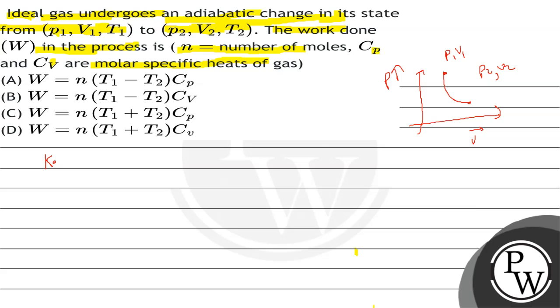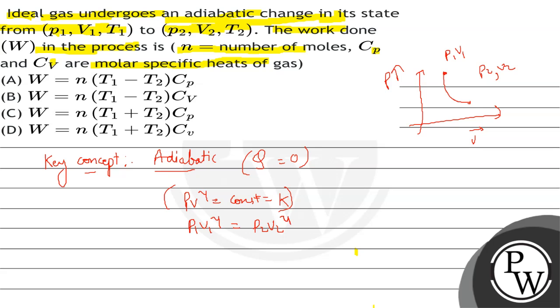The key concept of this question is that in an adiabatic process, heat exchange is zero. So we have PV^gamma equal to a constant, let us consider it as K. So P1 V1^gamma equals P2 V2^gamma. We can write this from this equation.